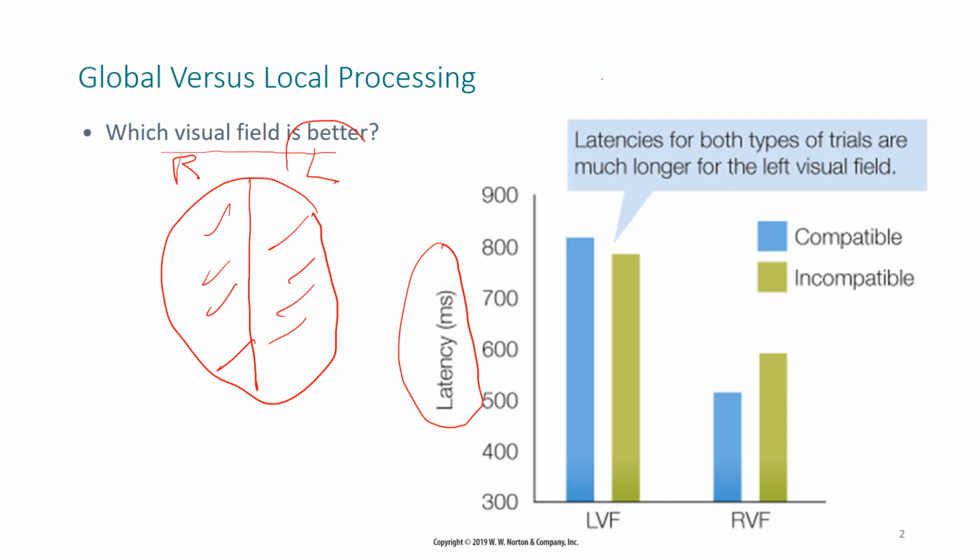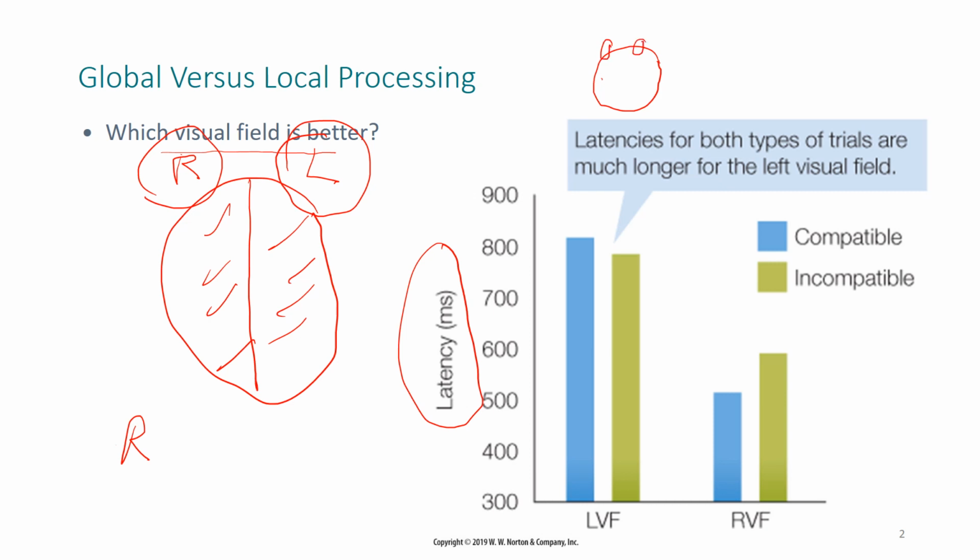Okay, so the left side controls which stimuli and which part of your body? The left side controls the opposite, the right side, and the right side is controlled by the left side. So they found that the latencies in both types of trials are much longer for the left visual field. Let me just recap. This is not the anatomical position, you're looking from the top.